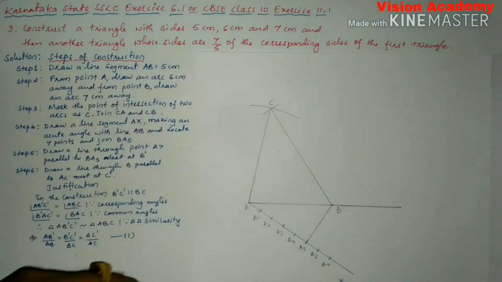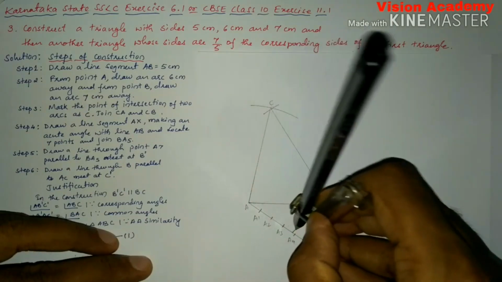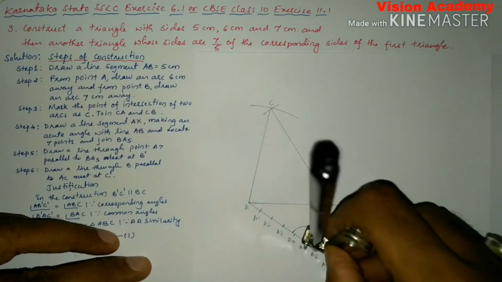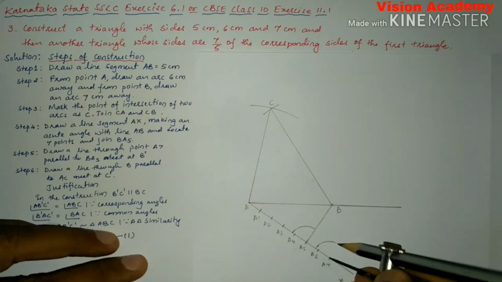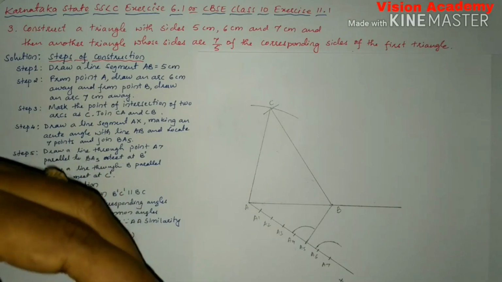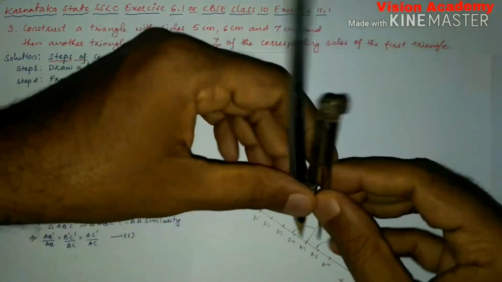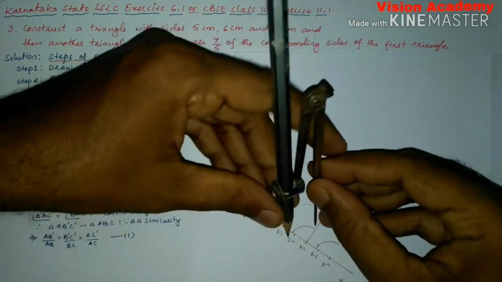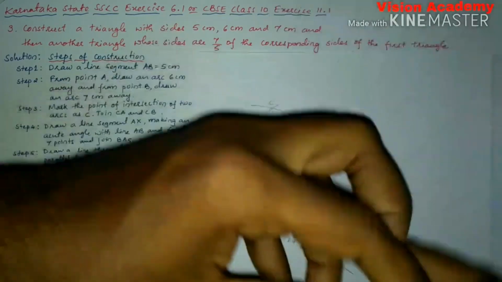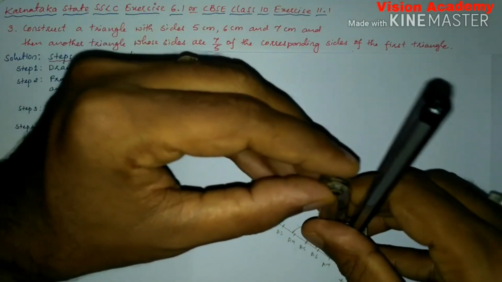So here we'll take a curve and from A7 we'll draw one arc. Now we are going to measure the size of this arc and we'll keep on this point and cut this arc.